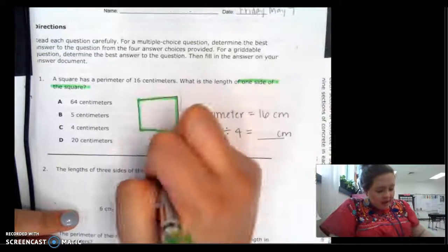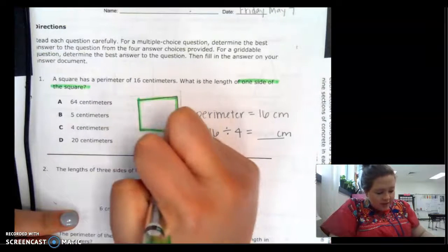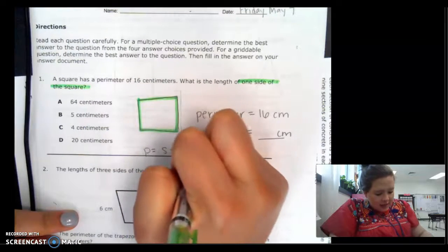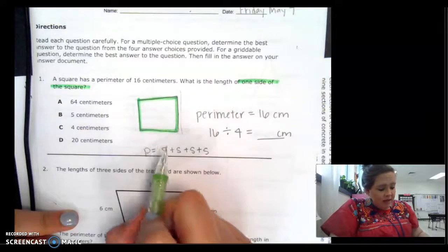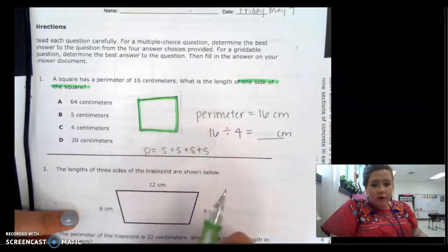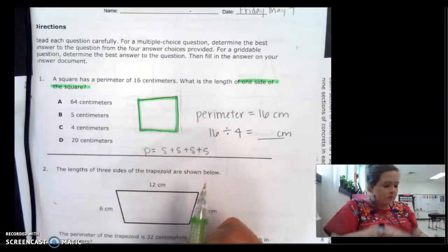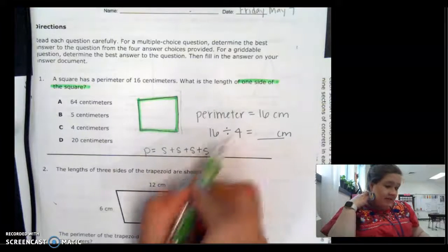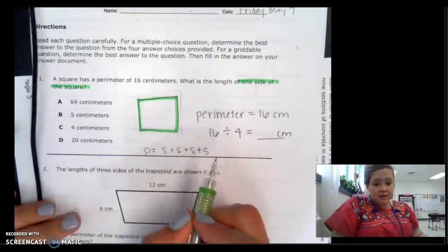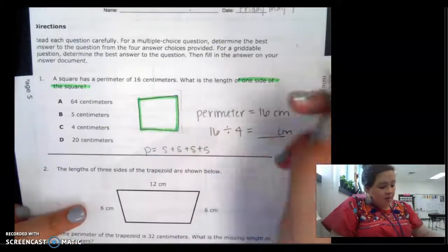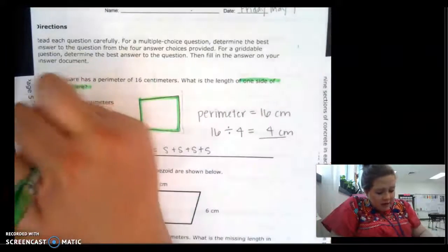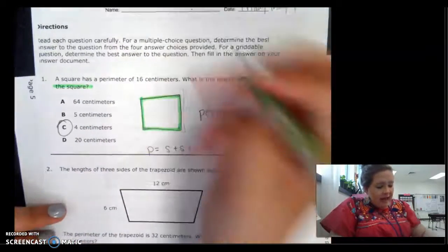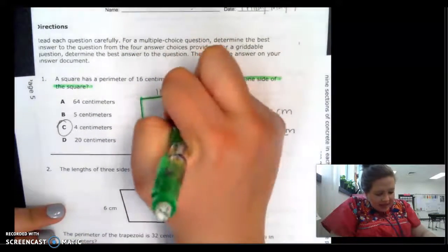Okay? Because the perimeter here equals side plus side plus side plus side. Because we have 1, 2, 3, 4 sides. So 16 divided by 4 is 4.